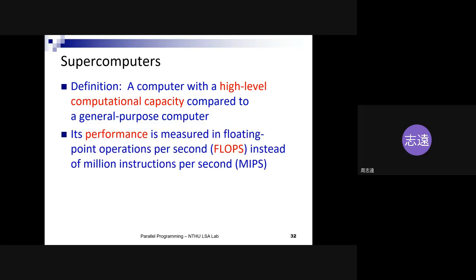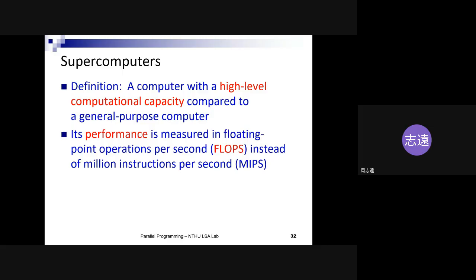But of course, to convince people and really show you have high performance, your performance needs to be measured and compared. The measurement for performance, especially for supercomputers, is what we call flops, floating point operations per second. It is the number of floating point operations, like addition or multiplication, you can perform per second.